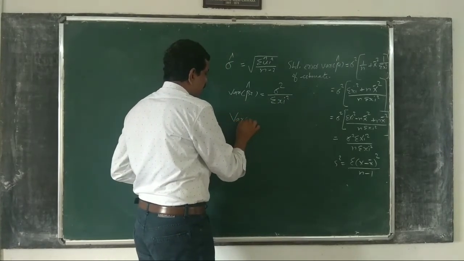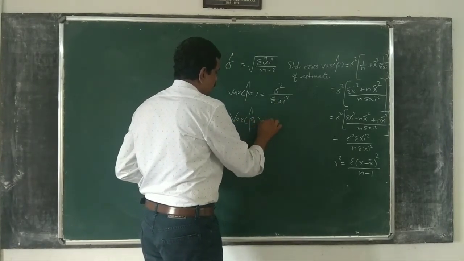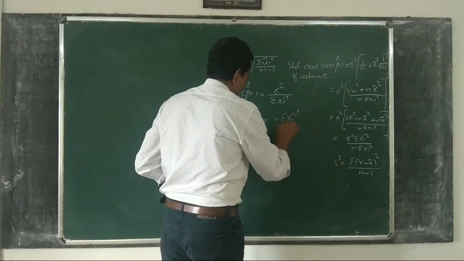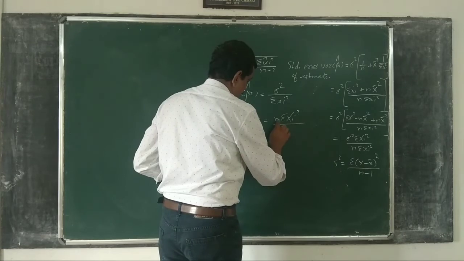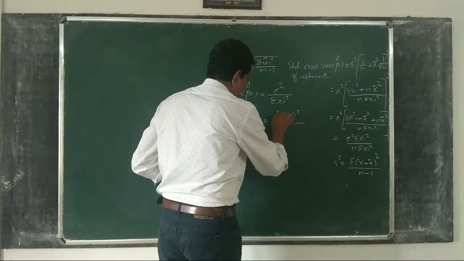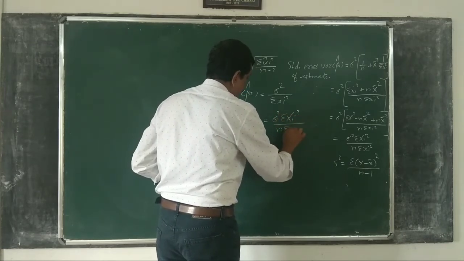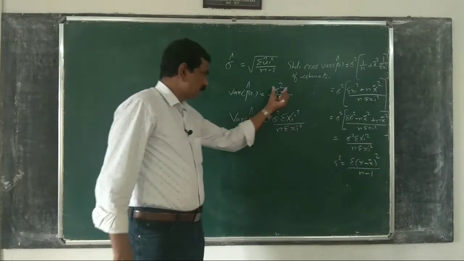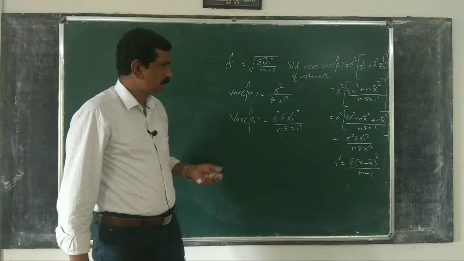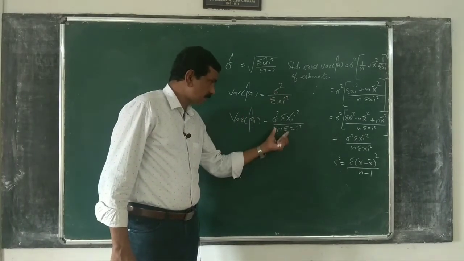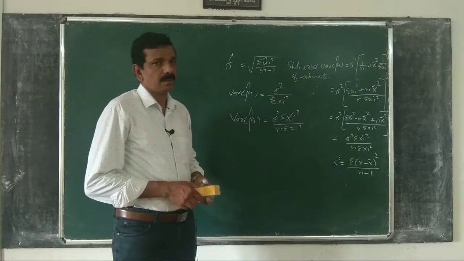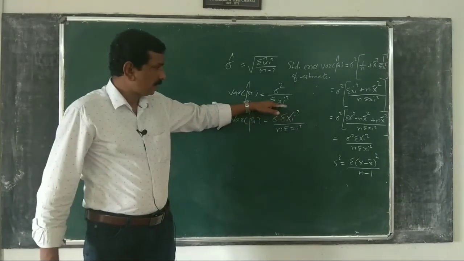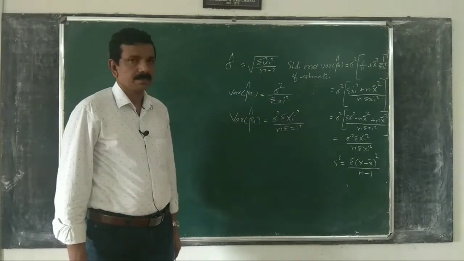Variance of beta 1 hat is equal to sigma square into sigma xi square by n into sigma xi square. There are some points that we discuss with regard to these formulas. Remember this. Consider the slope coefficient beta 2 hat.